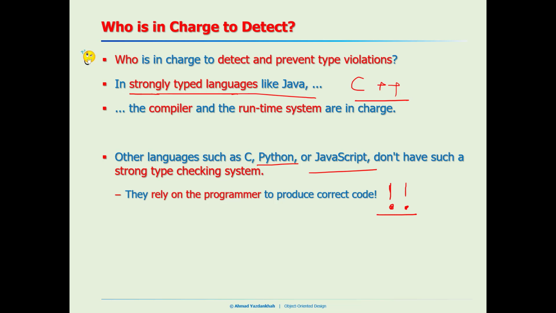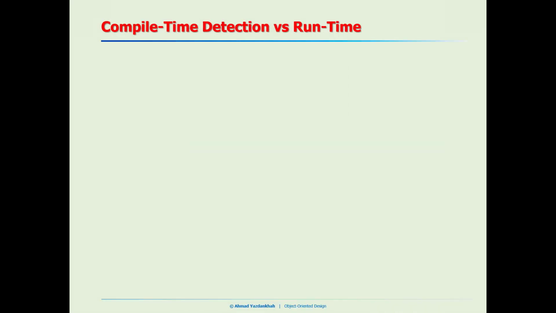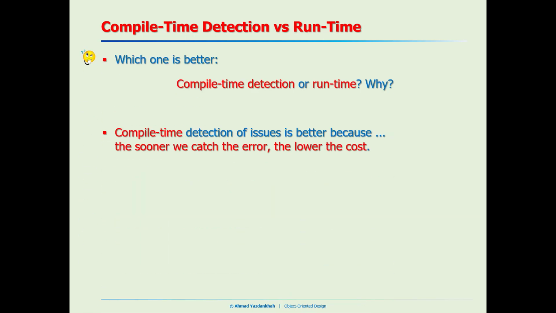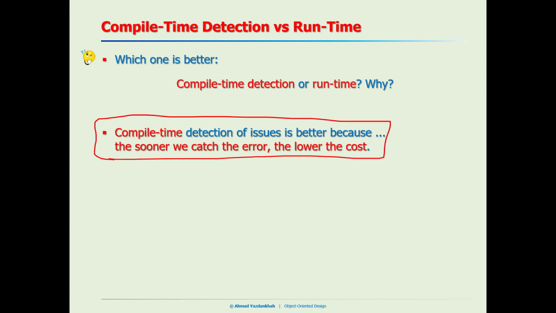Now let me ask this question: compile time or runtime detection, which one is better? Of course, compile time is better. If we can detect an issue at compile time, it's the best.